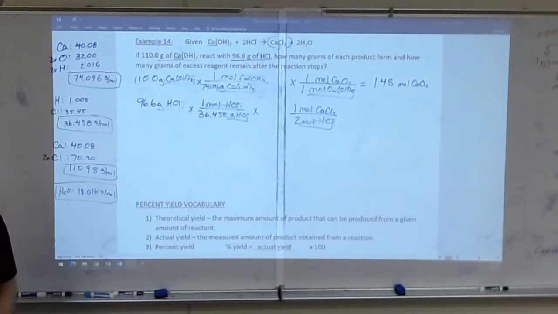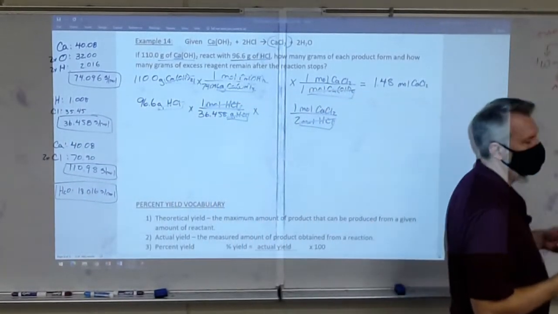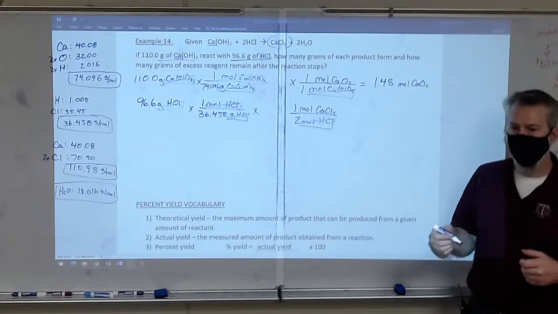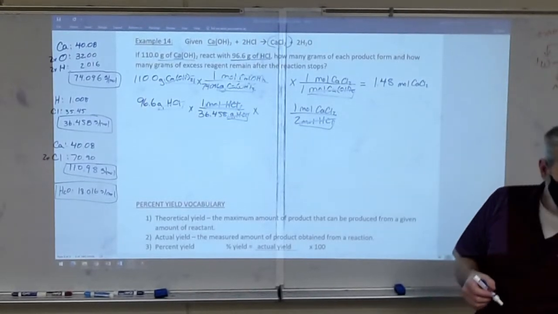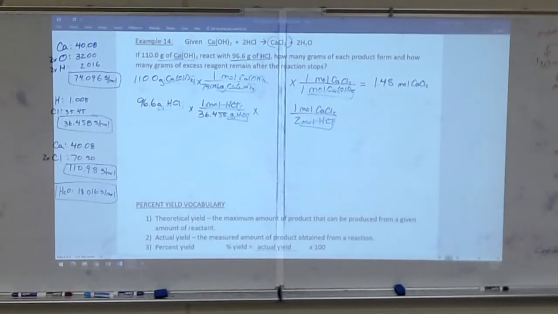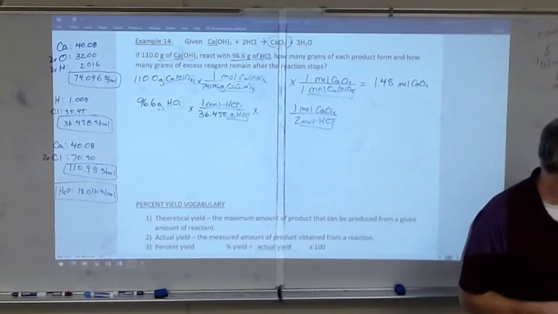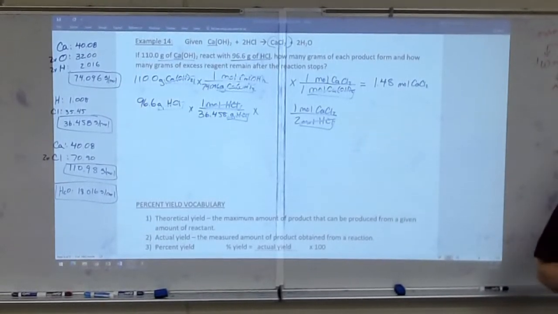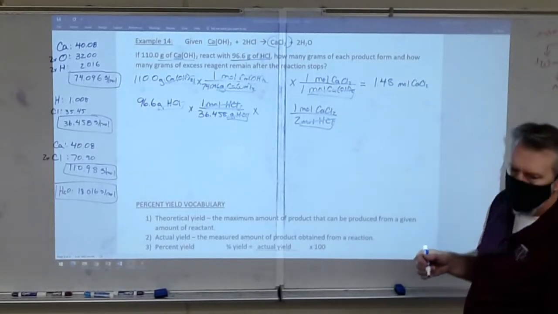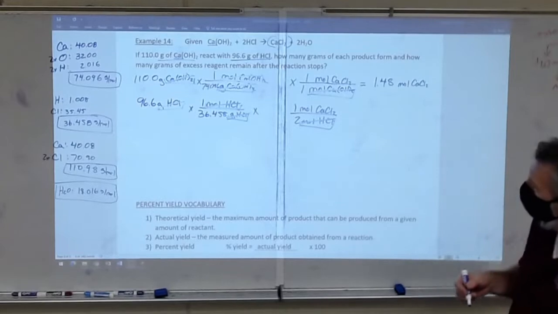How many moles of calcium chloride could I make if I had 96.6 grams of hydrochloric acid? Somebody punch that in for me. What do we got? What'd you get? So 96.6 divided by 36.458.